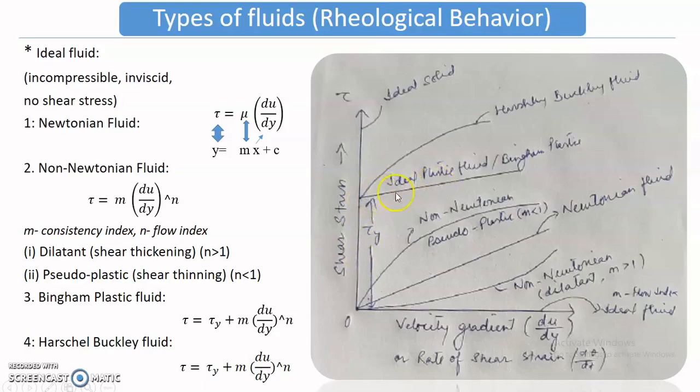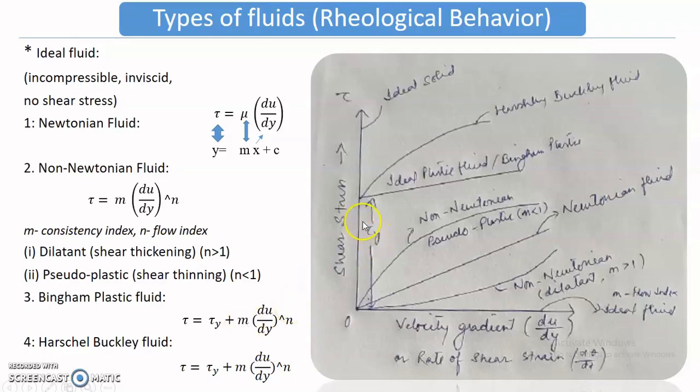If the fluid flow obeys Newton's law of viscosity, we call that an ideal plastic fluid or Bingham plastic fluid. When it starts to flow for a Bingham plastic fluid, m will be equal to mu and n will be 1.